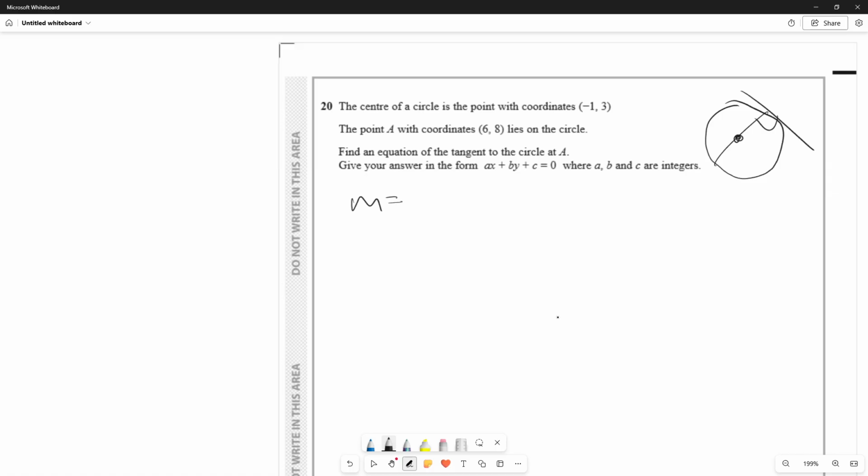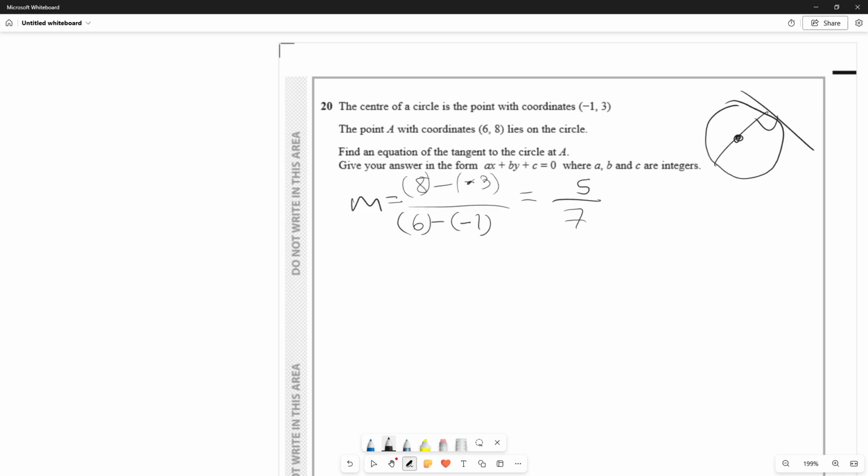So m is equal to 8 minus 3, over 6 minus, minus 1. Always put the brackets because it might throw you off, and if you get it wrong here, the whole question's gone, from getting 4 marks, obviously. 5/7. Okay.